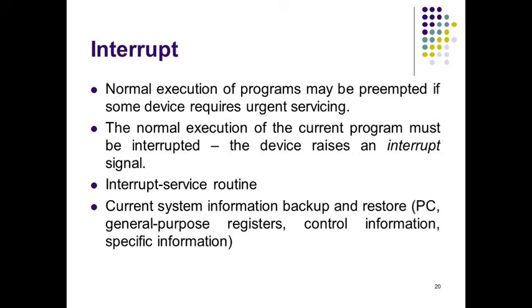In order to deal with this dangerous situation immediately, the normal execution of the current program must be interrupted. To do this, the device raises an interrupt signal. So by raising an interrupt signal, we can interrupt the normal execution of the current program.